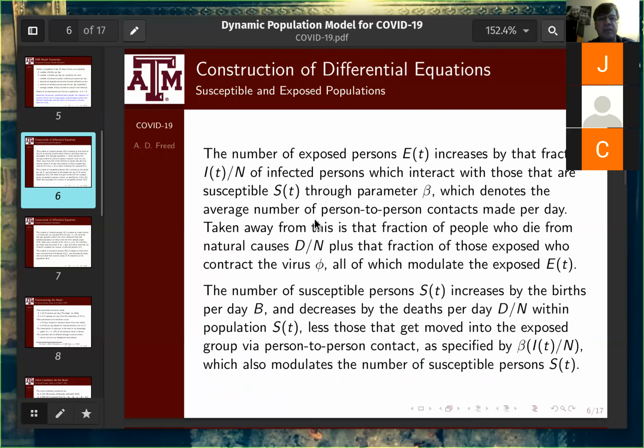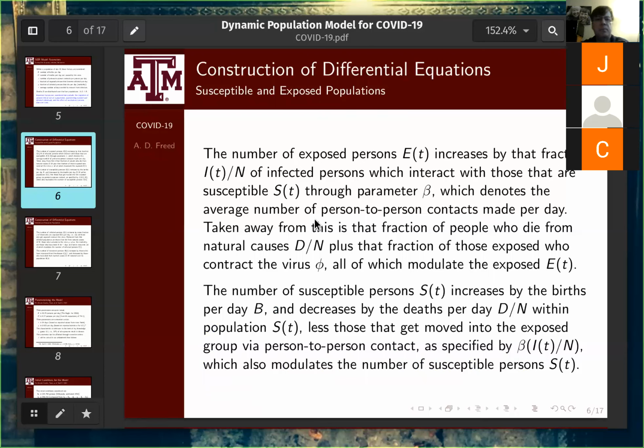So in many regards, this model is glorified simple. And you need to understand it and keep in mind that it is simple, but it does capture the flavor of the event, and it does give insight into why our governors and president and mayors are doing the things that they're doing.